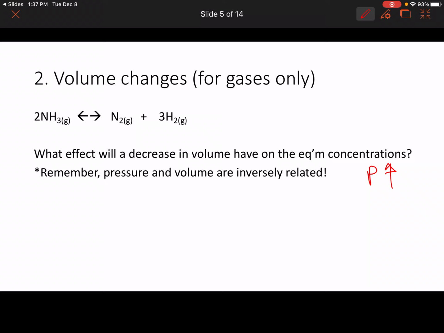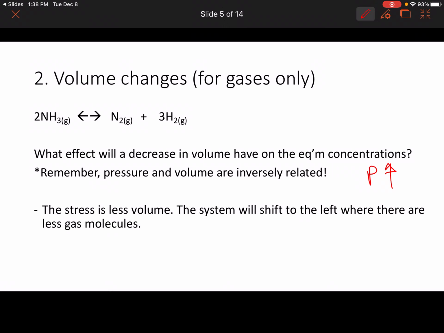So the question is, which way is equilibrium going to go? We've got this system of gases, and we have a decrease of volume. You want to think, how many molecules do I have on each side? I've got 2 here, and 3 plus 1 is 4 over here. So the left-hand side, or the reactant side of this equation, has fewer gas molecules.